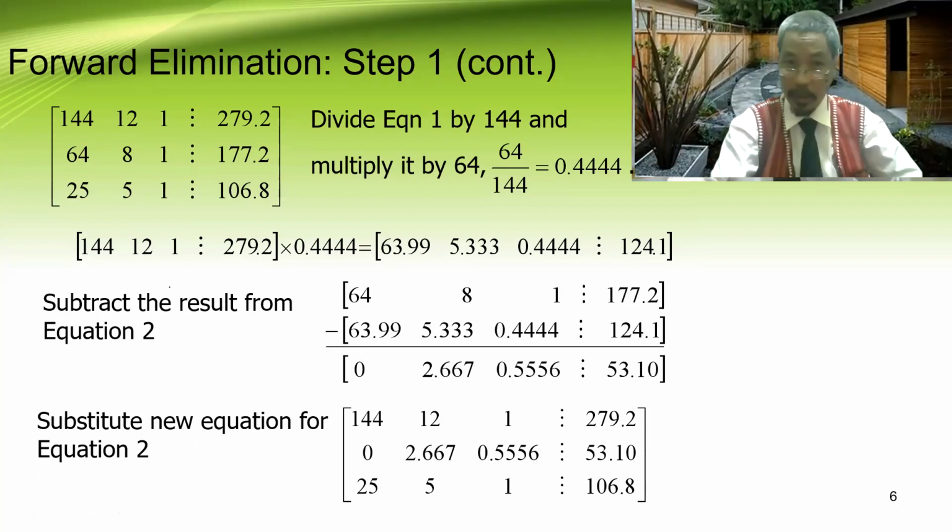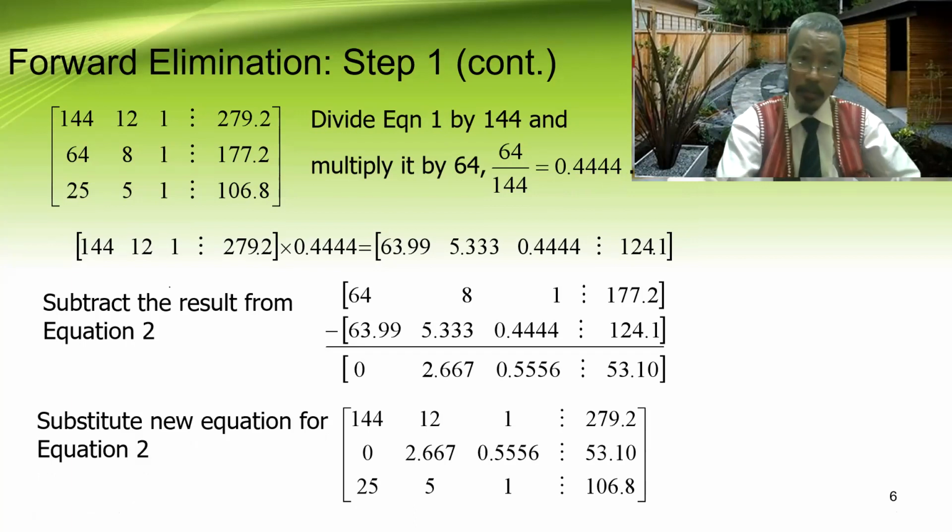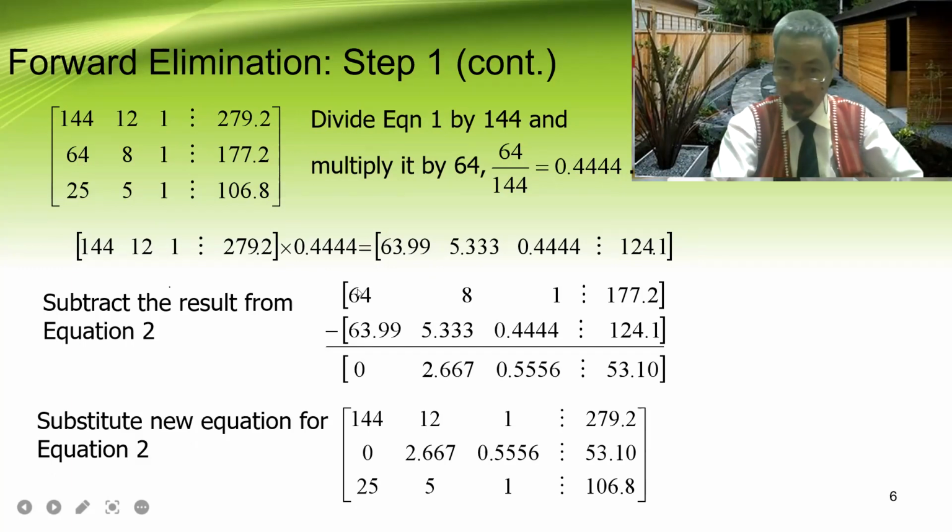We are using 4 significant digits: 1, 2, 3, 4. If we use 6 significant digits, it is more likely to be equal to 64 rather than 63.499. So if we subtract this one, the answer is not 0 but 0.01.